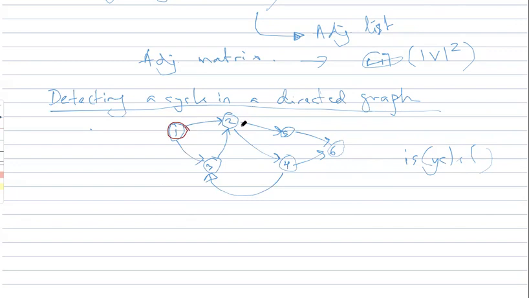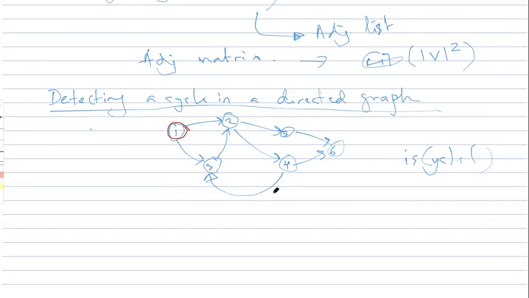So now what you're saying is, from a node I will start visiting and I will start tracking what is visited and what is not visited. And then what do I do? If something has been visited, you go there and you have a cycle.